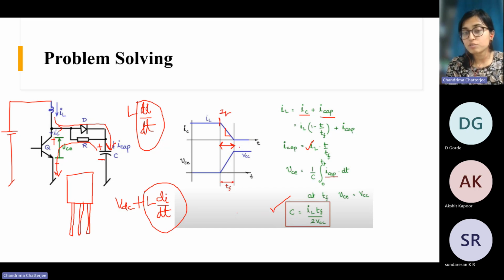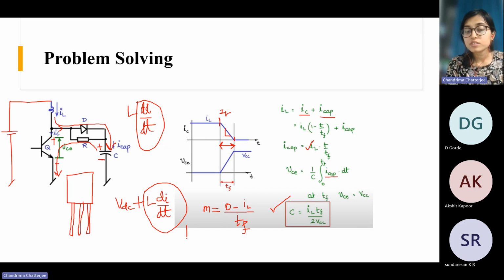Current is falling, so the slope is negative, right? And at the end of this duration, the current is zero. This much you understood. Then what is the slope? If we denote the slope as m, then m will be final minus initial. Final is 0, initial is IL, divided by the time duration, that is TF. So that is my slope.